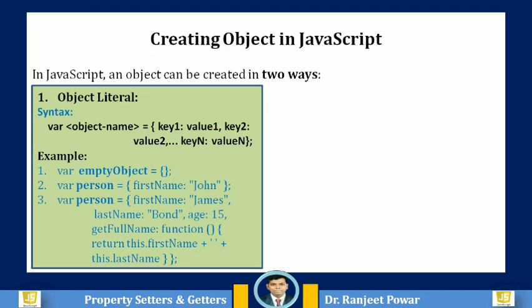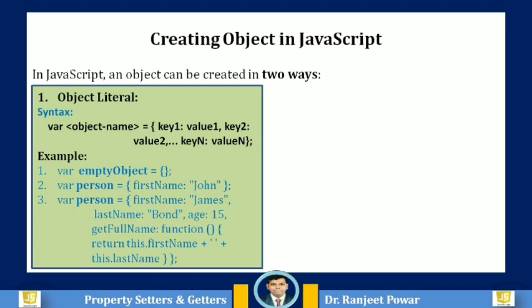JavaScript is an object based language and everything is an object in JavaScript. Now, how to create objects in JavaScript? Object is a non-primitive data type in JavaScript. It is like any other variable. The only difference is that an object holds multiple values in terms of properties and methods.